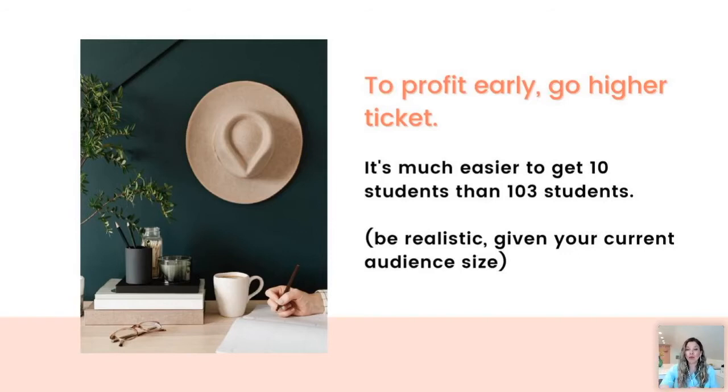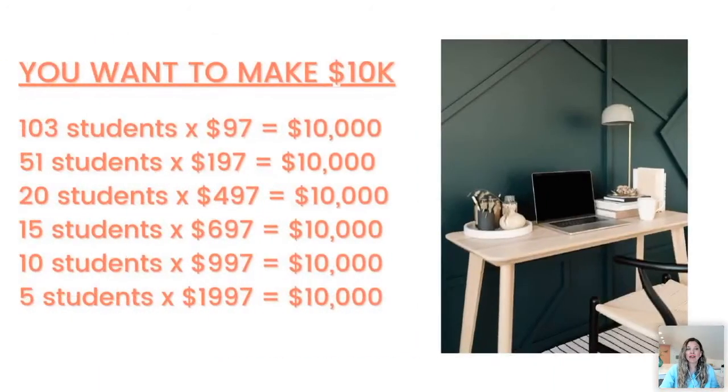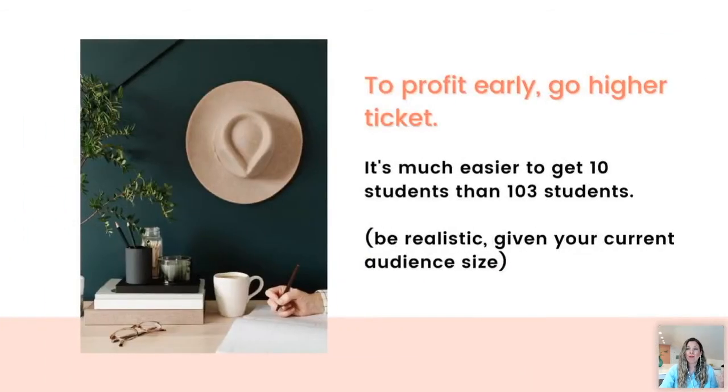Because as we can all imagine, it's way easier to get 10 students into a program than to try and get 103, right? We could have 10 students at $1,000 a pop, which gets us our 10,000 versus that 103. And we want to be realistic given our current audience size.